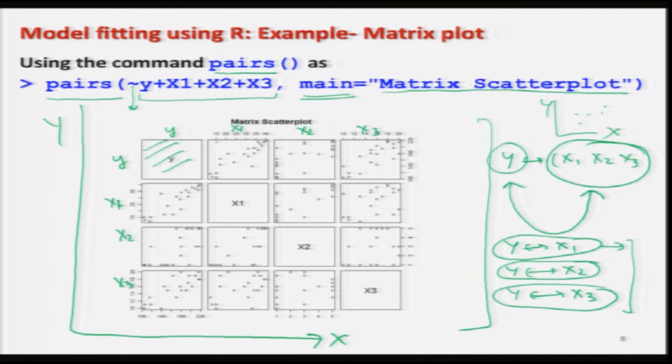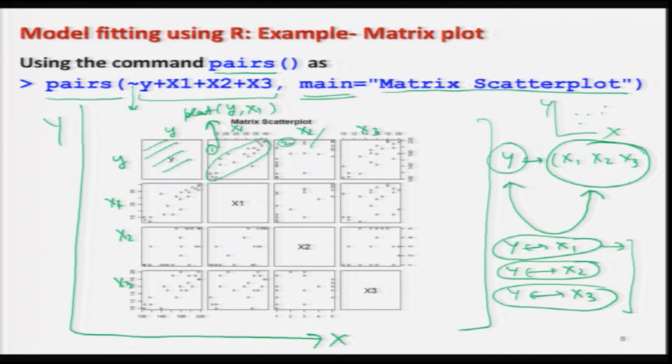Now, if you come to this one, please watch the movement of my pen. If you come to block number 1, this is equivalent to a plot between y and x1, right. You can see here that there is a good linear trend, and it is not very difficult. Now you come to block number 2.